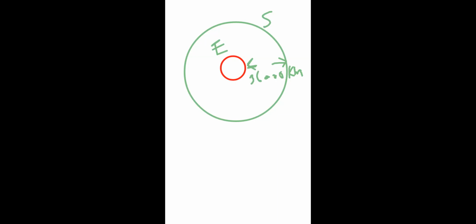Then what is the orbit of the satellite? The satellite's orbit is a circle. What is the radius of the satellite orbit? It is very clear: from this you have to measure.